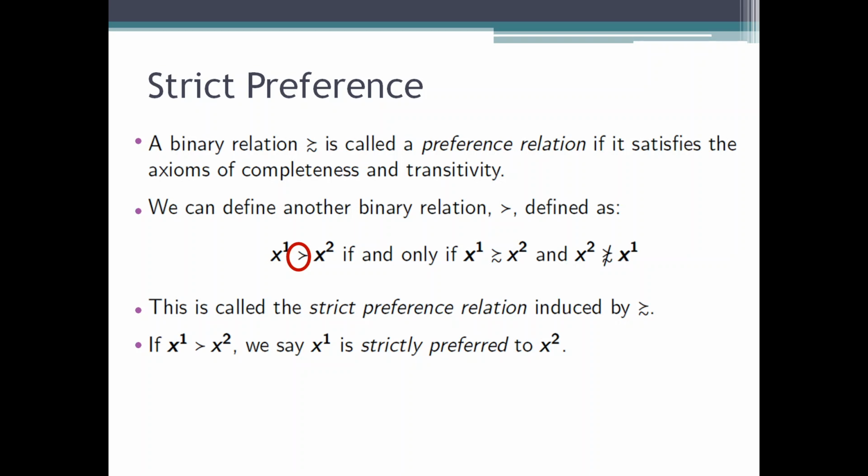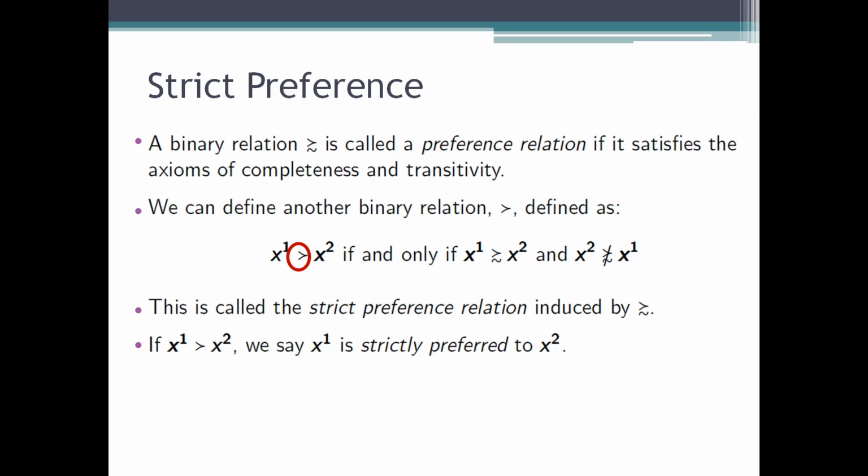But if I tell you that x1 is at least as preferred as x2, but x2 is definitely not equal to x1, this means that if we put bundle x1 and bundle x2 side by side, there is no good in bundles x1 and x2 that has the same quantity. So the goods in bundle x1 always have higher quantities than in bundle x2.